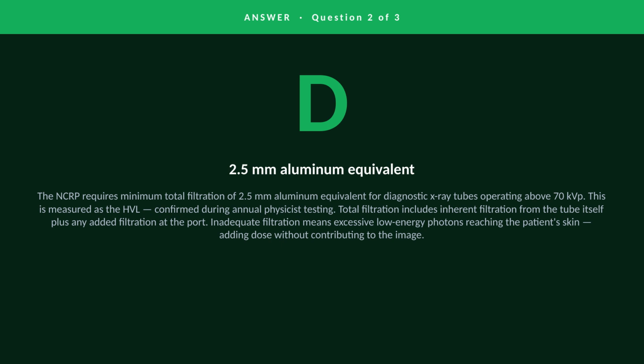Total filtration includes inherent filtration from the tube, typically 0.5 to 1.0 mm, plus added filtration at the tube port. Inadequate filtration means excess low-energy photons, absorbed in the patient's skin, adding dose without contributing to the image.